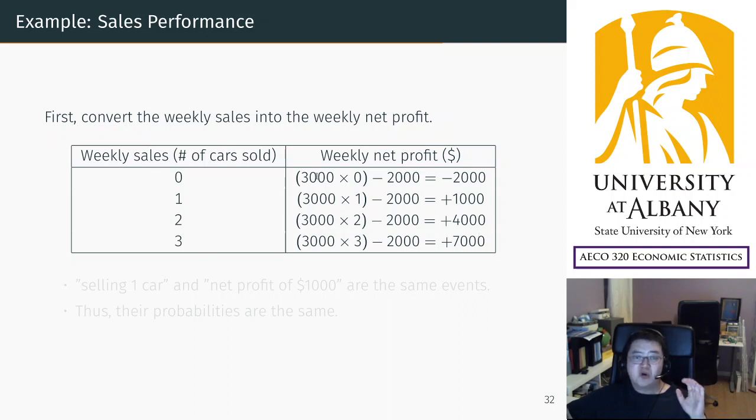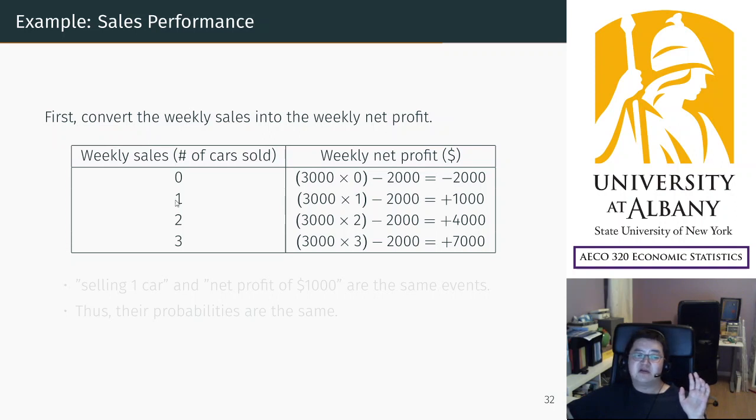We already have concrete numbers, so we know how to transform them. Suppose the dealer sold 0 cars, then the net profit generated in that week was $3,000 times 0. So there was no profit made, but minus 2,000 salary paid.